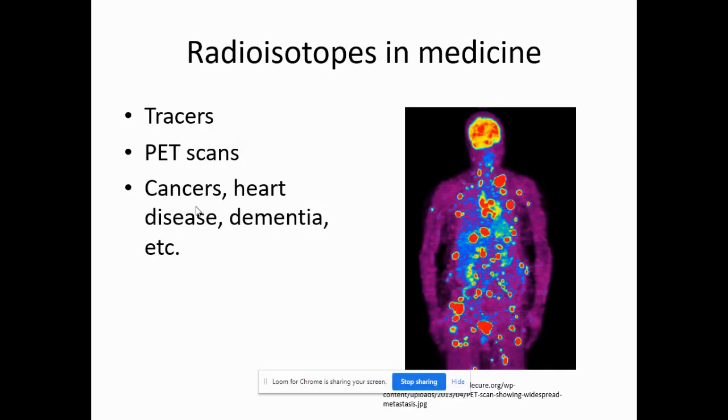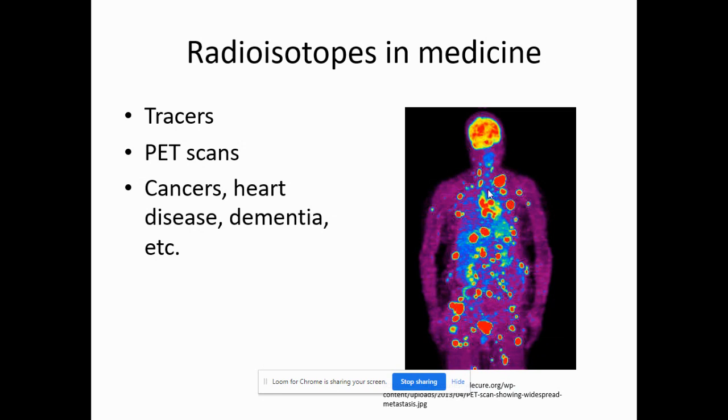All right, so here you have a PET scan of someone who was given a tracer, and as it flowed through this person's body, all right, it was able to be detected by a PET scan. All right.